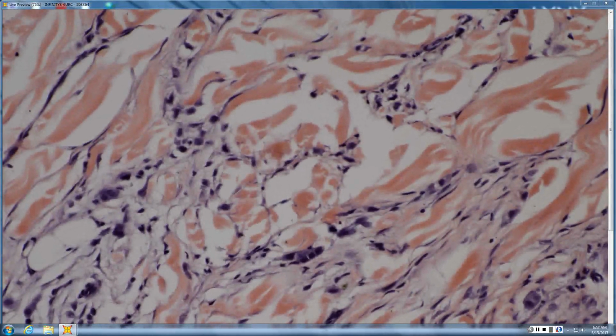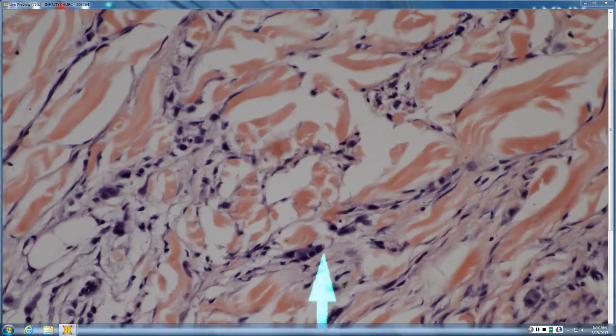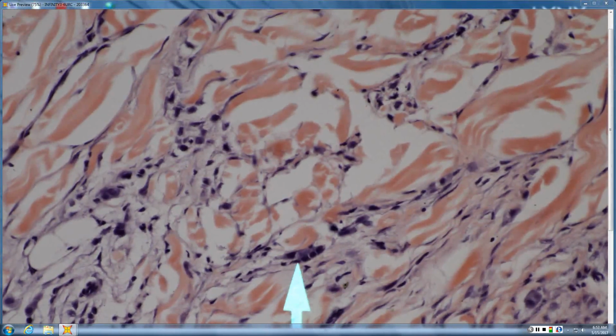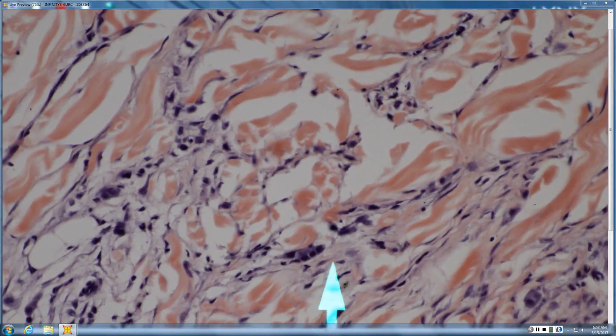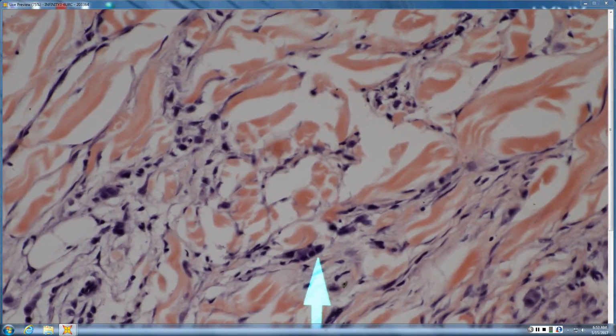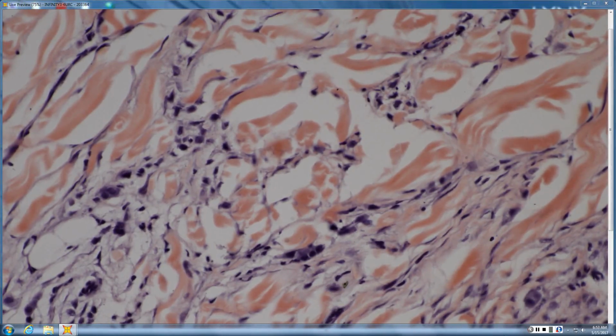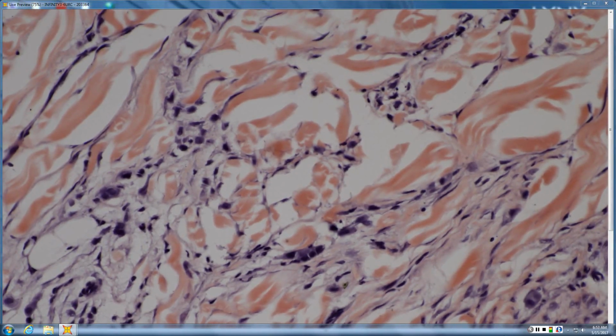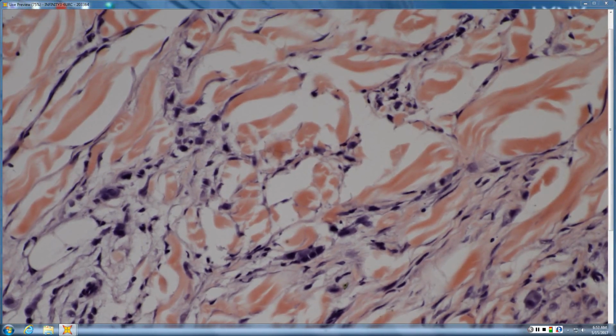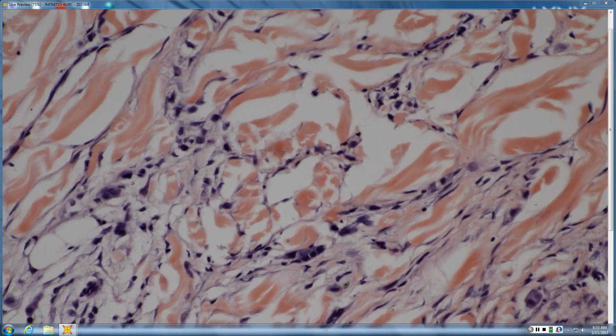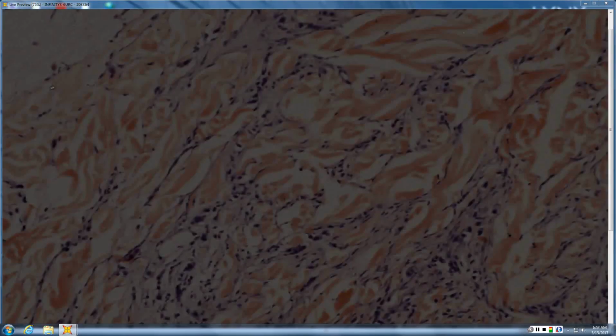But you can see here some nuclear molding and these large hyperchromatic nuclei, some increased cytoplasm as well. So just very atypical cells that are single file and just don't look good. So this is where you'd throw lots of different stains on it. And then certainly the history would be helpful. It's probably a plaque on the chest or breast or something like that. So this is metastatic breast.